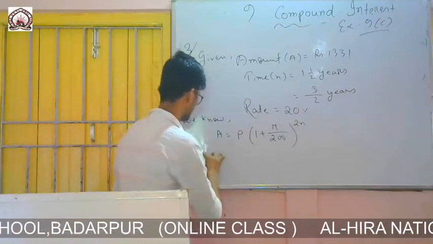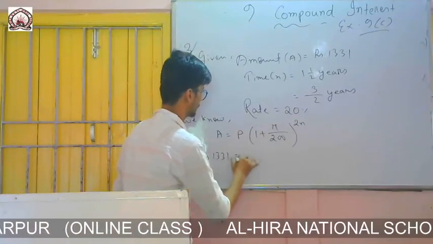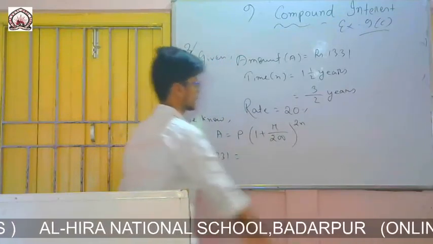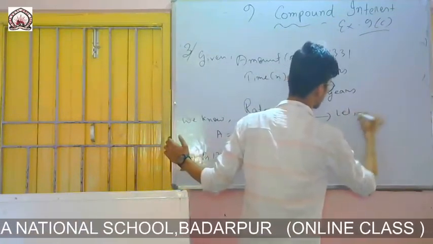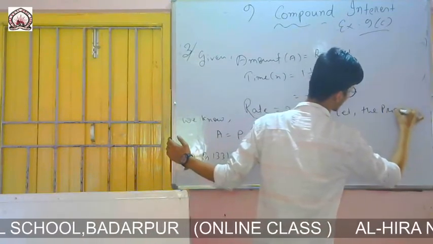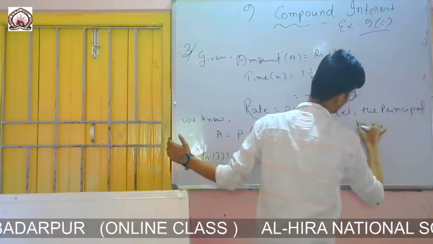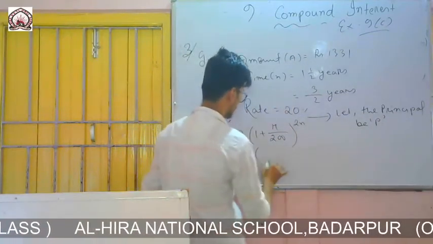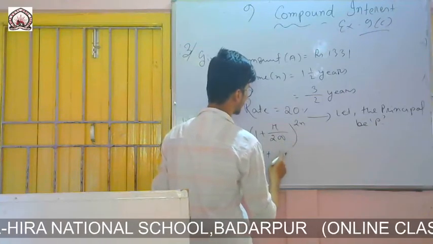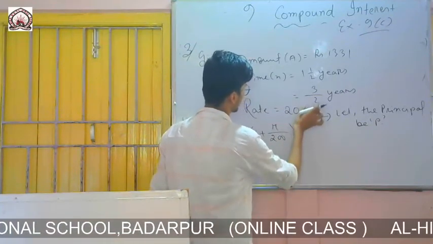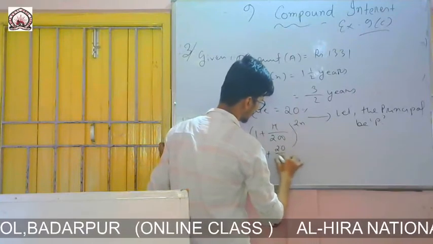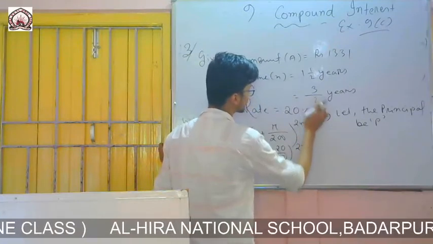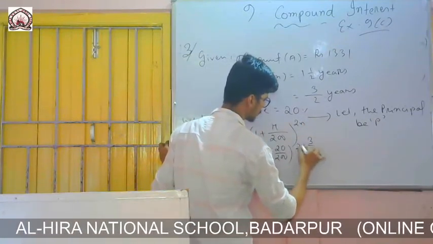Amount is given rupees... principal, okay, write again, sorry, this time also I forgot. Let the principal be P. So principal you keep P, and 1 plus R by 200, that means R is given 20, so 20 by 200, to the power twice n, 2 into n, n here is 3 by 2, so the 2s cancel.